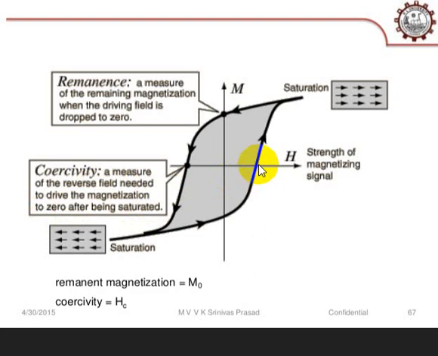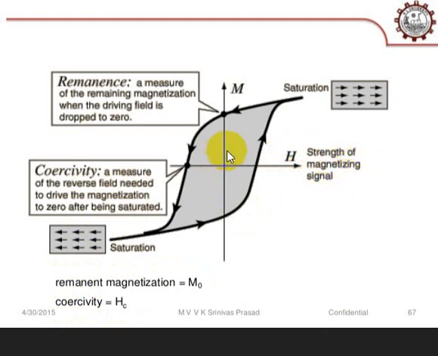At this point the value of M is 0, and the reverse magnetic field, here the saturation is in this direction and the saturation here is in this direction. So the reverse magnetic field after being saturated, and remnant magnetization is equal to M naught, and the coercivity is equal to H naught, and the x-axis is the H, strength of the magnetizing signal.